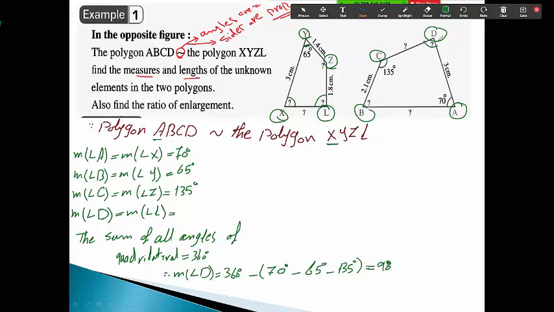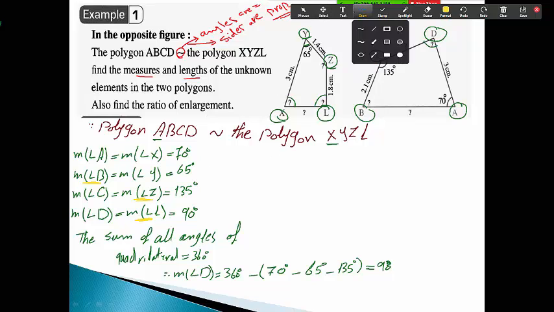And angle D corresponds to angle L, so both of them are equal to 90 degrees. Now we have the missing angles, which we wanted: angle Z, angle L, and angle B.